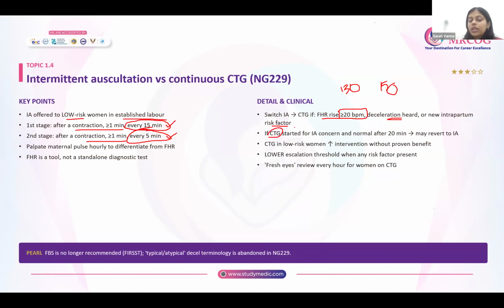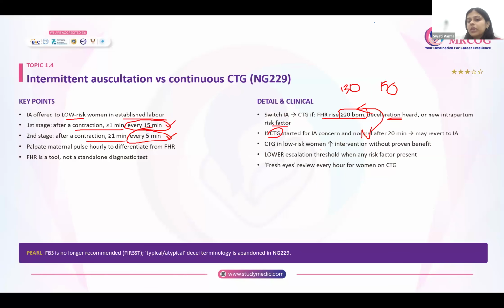If it has been started just for this concern and comes out to be normal after 20 minutes, then we might revert back to intermittent auscultation, unless the lady requests that she be kept on continuous CTG, then only she will be kept. Otherwise, she might be returned to intermittent auscultation. So this is the mode of fetal heart rate monitoring which should be followed.